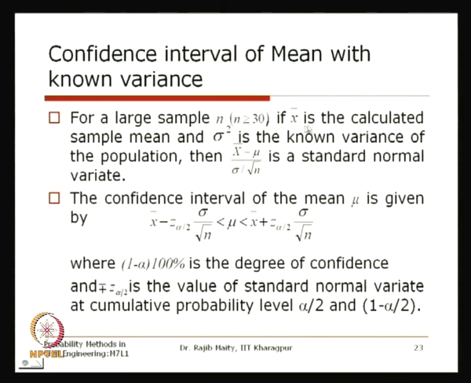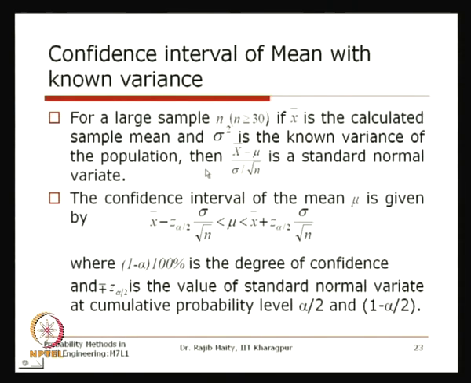In such a case, x bar is the calculated sample mean, and sigma square is the known variance of the population. So sigma square I know, which is the actual value for the population. How we know that is a second issue, but we know the variance of the population. The only thing we are interested in is the interval for this sample mean.